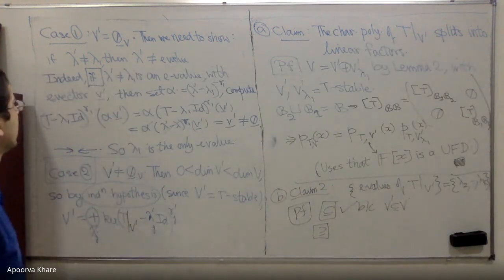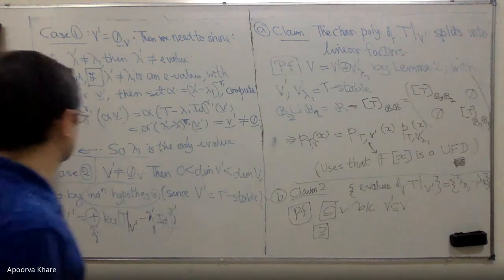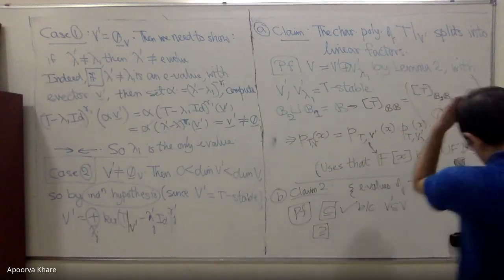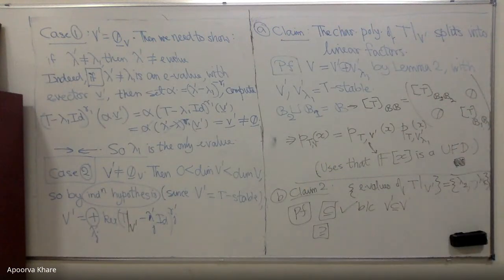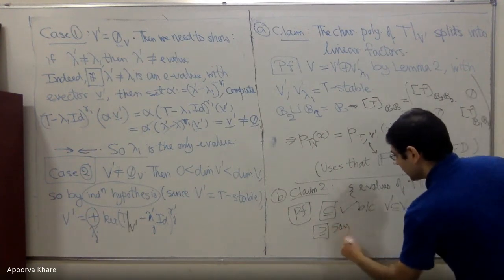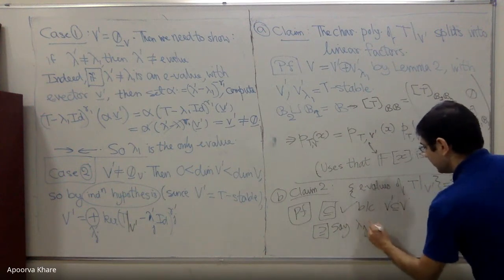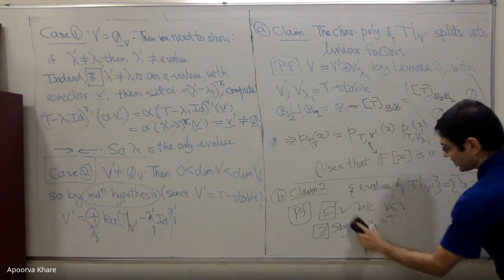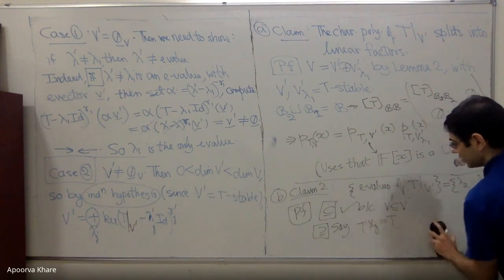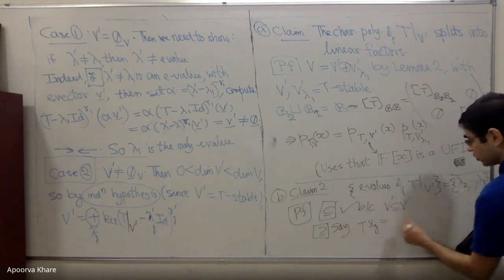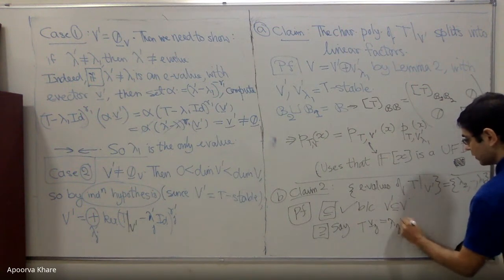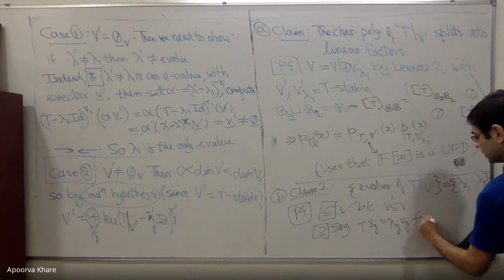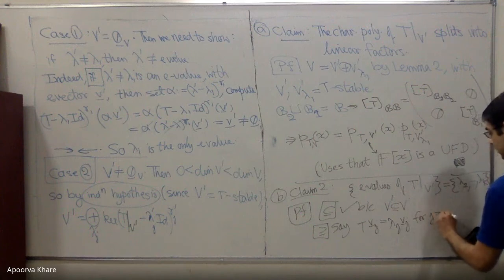Right, so I can again take, suppose T vj equals lambda j vj, for j at least 2.